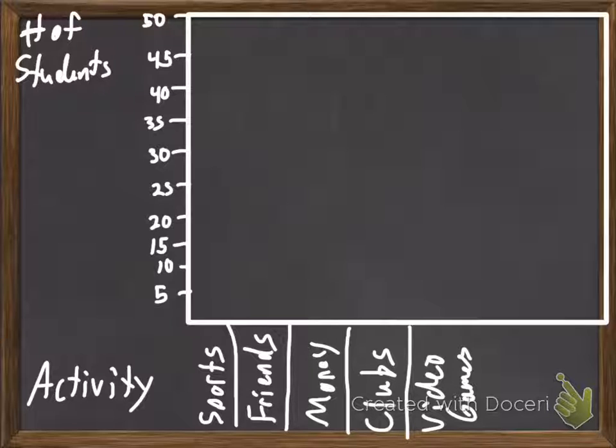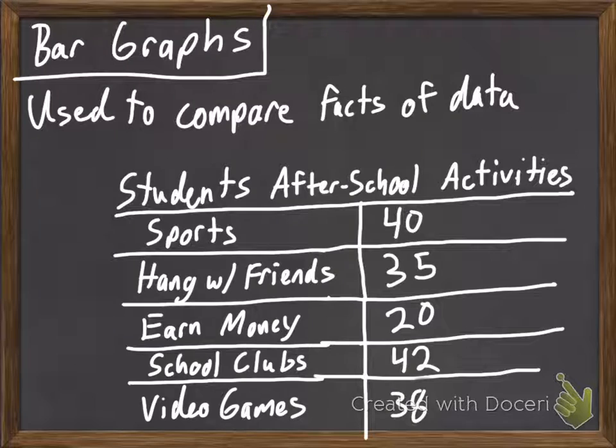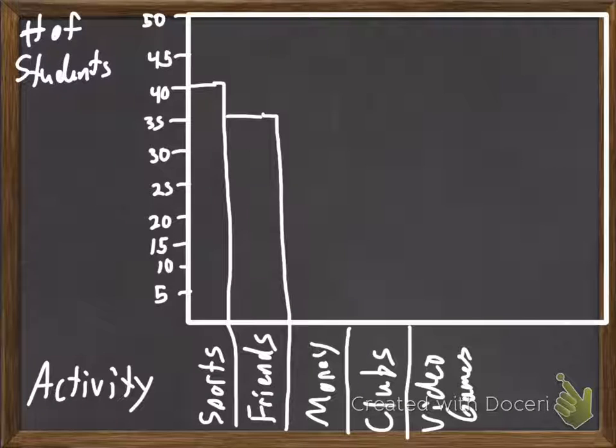So, first, sports. So 40 students said they did sports, so I'm going to go up here, draw a line. There's 40. 35 said friends, so indicate there 35, there's friends. Earn money was 20.